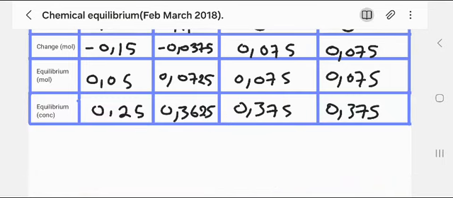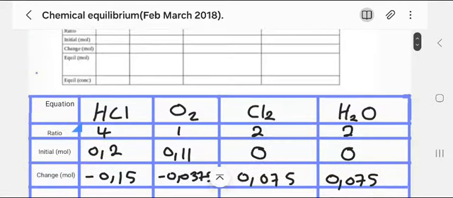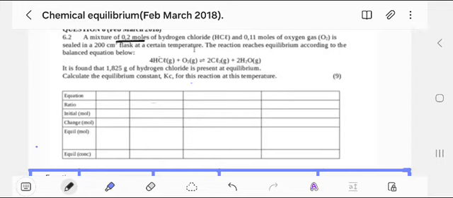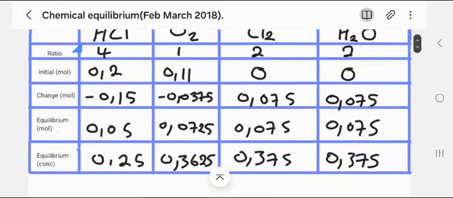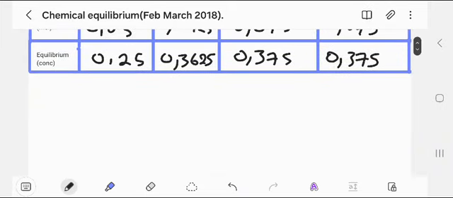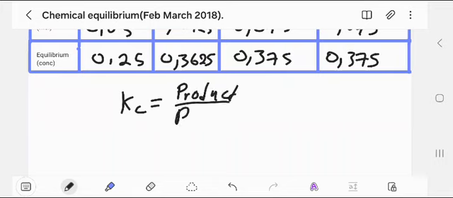So we're done with the rice table. We want the Kc, constant. So we can calculate Kc. We know Kc is products over reactants, right?